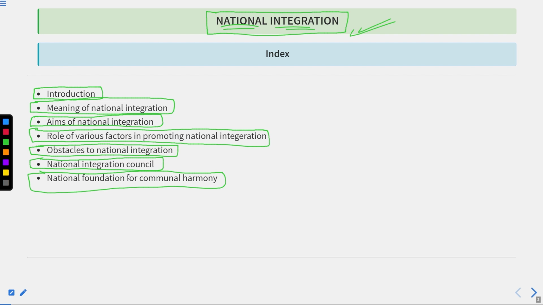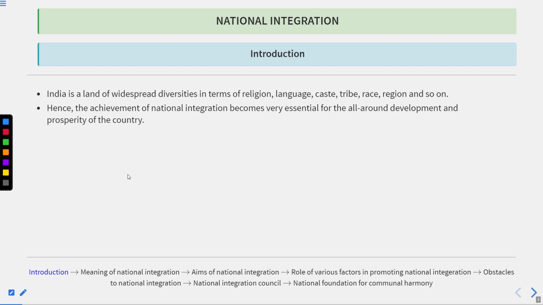The National Integration Council is purposely designed to look after the integrating of different elements of Indian society into one common frame for social harmony and inclusive development for all. Thereafter, the National Foundation for Communal Harmony. Alright? So now if we move forward, that is what we have as an introduction.